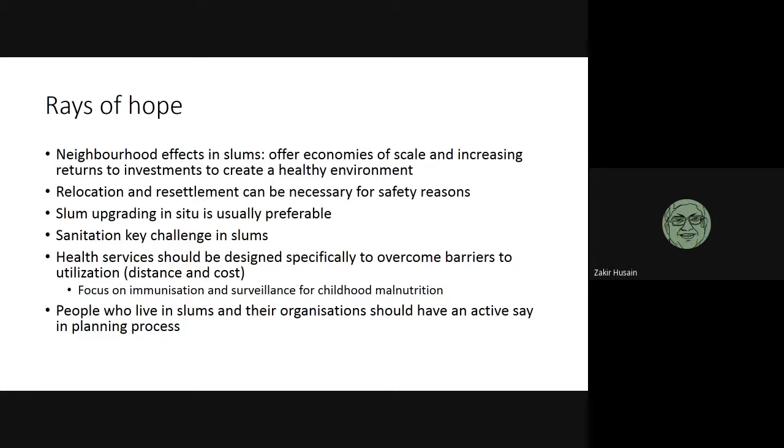But at the same time, one should not say that we can't do anything, it's a horrible state. See, because you have very close and densely populated places, the slum is very close, a large number of households, you can have economies of scale. So that means if you invest, you can get very high returns to investment.